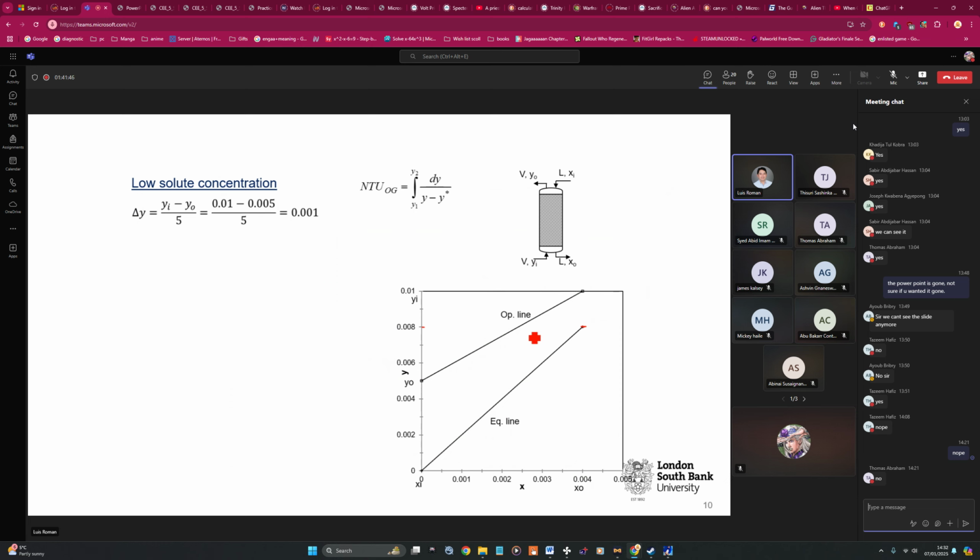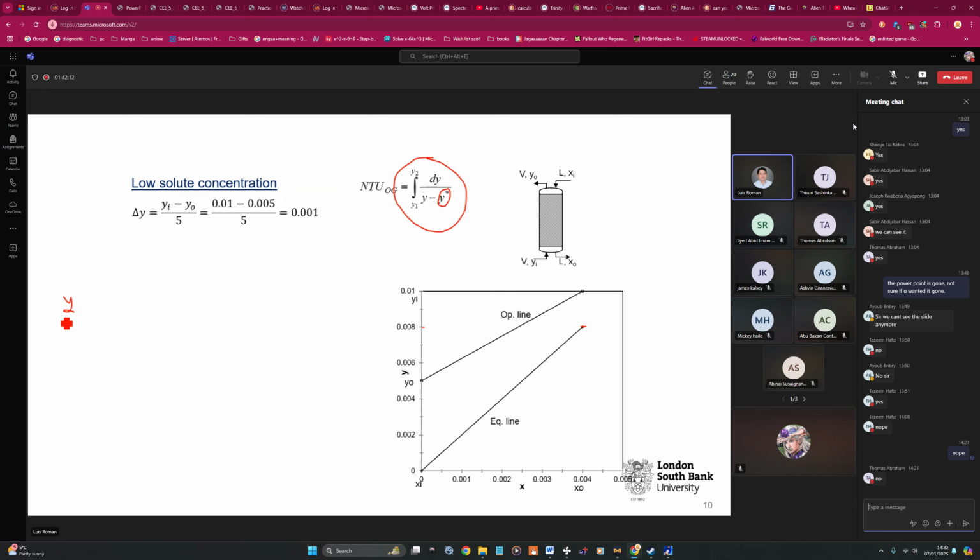So now that you have both lines, the operating line and the equilibrium line, we need to use the graph to basically find the values of y at equilibrium to solve this integral. So we are trying to solve this integral using the trapezium rule. So you have the formula.